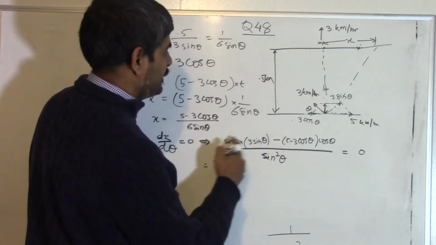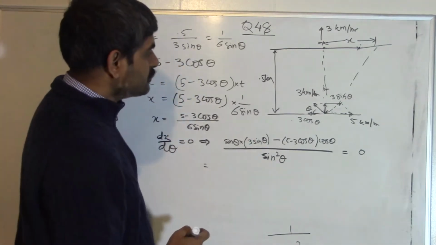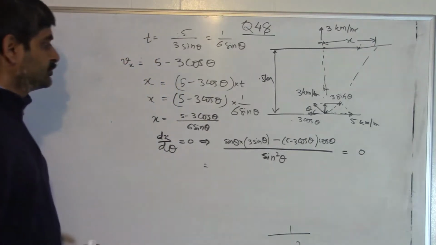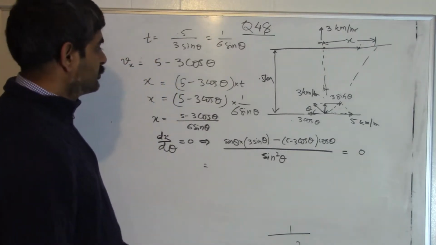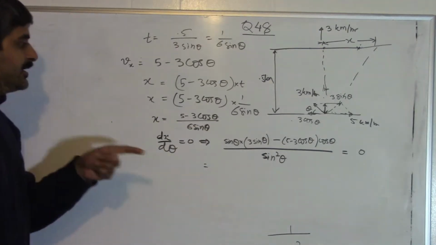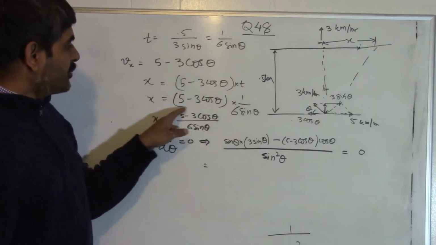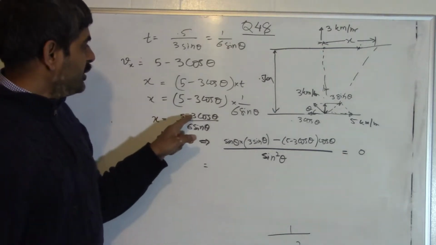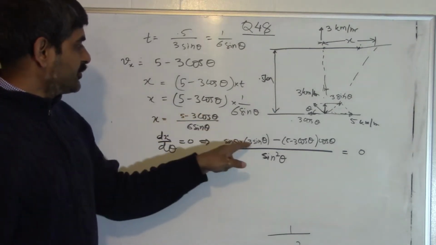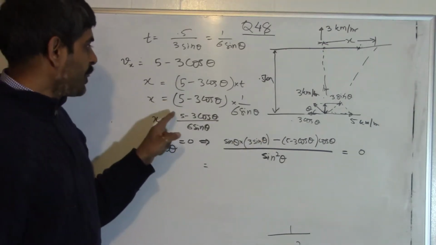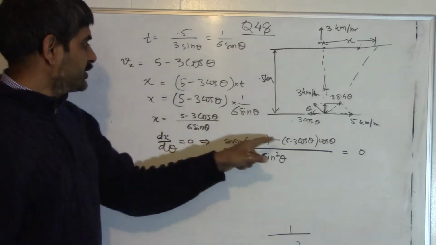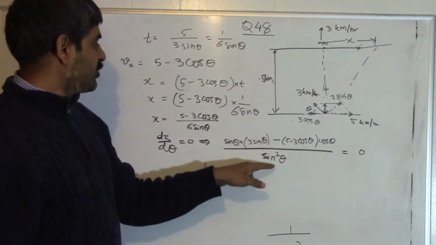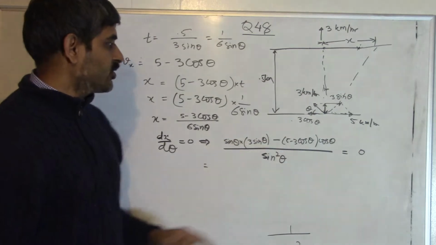We can write it as 3 sin square theta. I want to make sure I am doing it right. Sin theta multiplied by the differential coefficient of this term, which is 3 sin theta, minus the top term 5 minus 3 cos theta multiplied by cos theta.